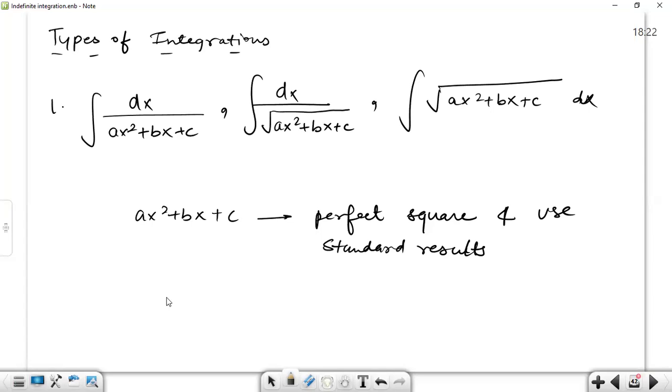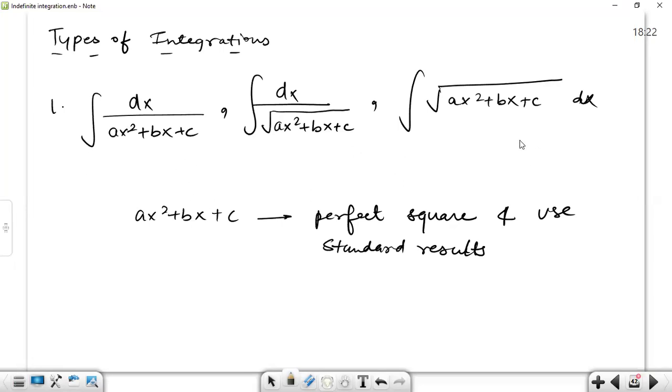So before reading and understanding all these types of integration, it would be convenient if we learn all the standard results and formulas of integration, then we'll be able to understand it at the best level.